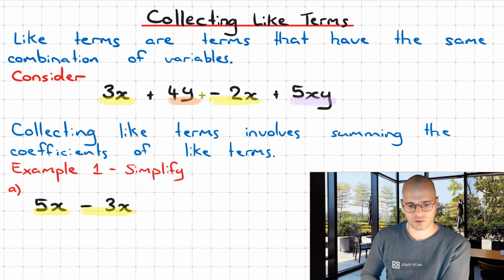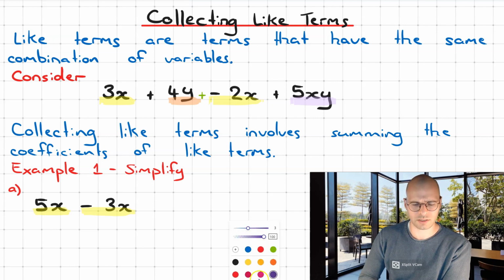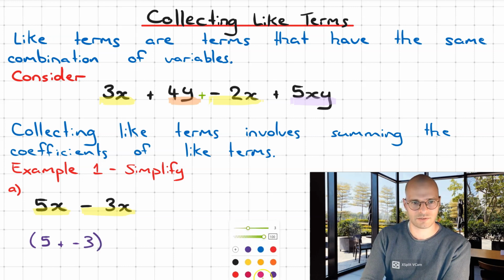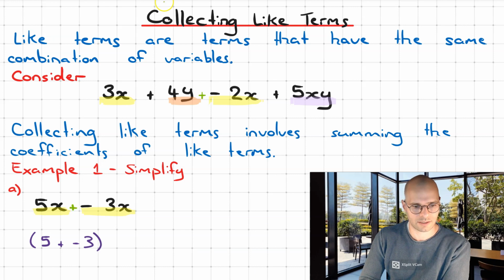Next, I'm going to write the coefficients in brackets together. So I'll open some brackets, I'll go 5 plus minus 3, remembering that in front of every negative symbol we have an implied plus symbol. We don't have to show this, but we can if we want. At the end of the bracket, I associate these numbers with x by just putting the x there.